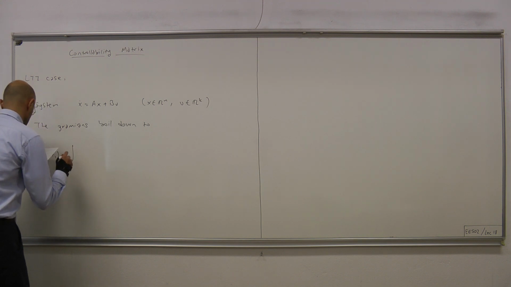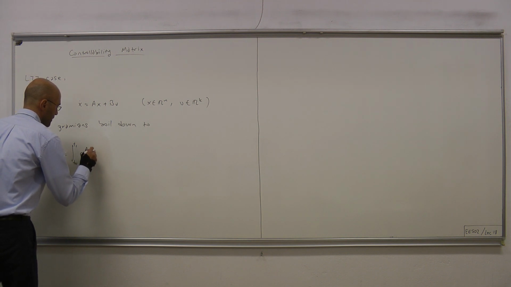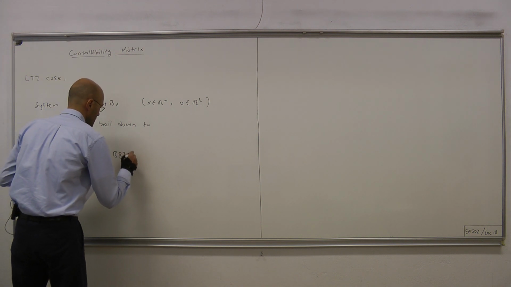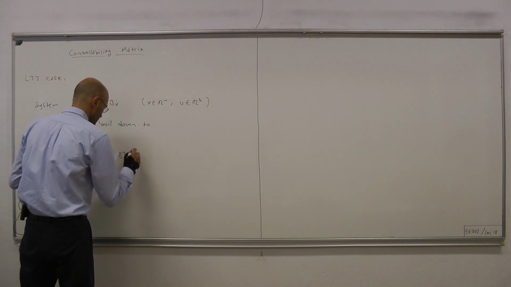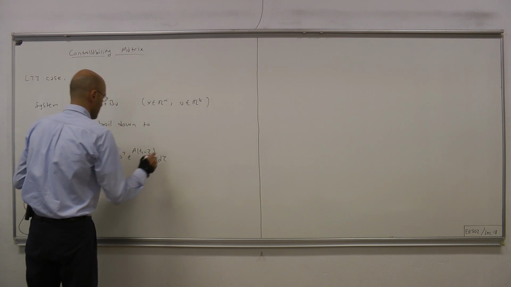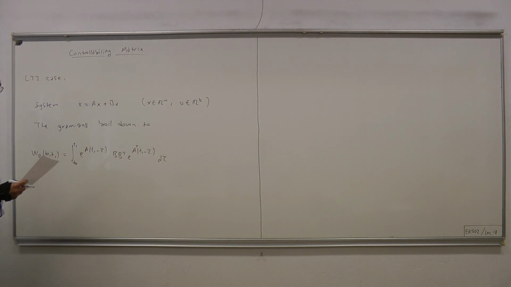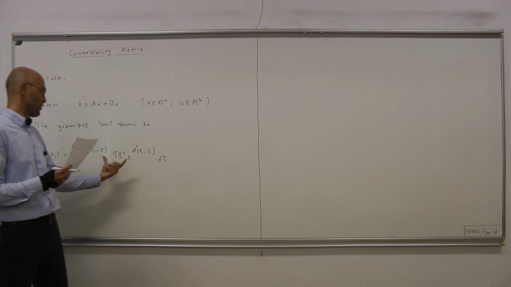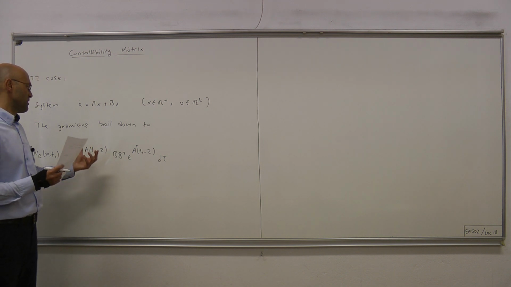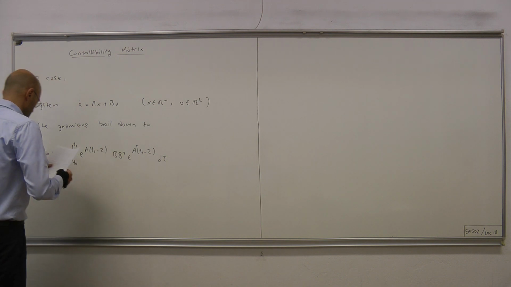It can be written as the integral from t0 to t1 of e^(A(t1 minus tau)) B B transpose e^(A transpose (t1 minus tau)) d tau. So here we have the transpose. That's our reachability Gramian. By construction it is symmetric and positive semi-definite, because the integrand is something times its transpose.